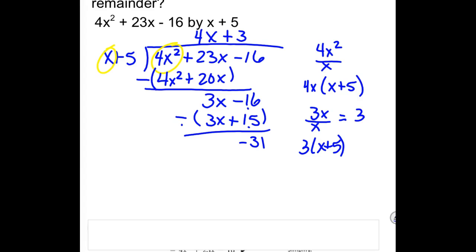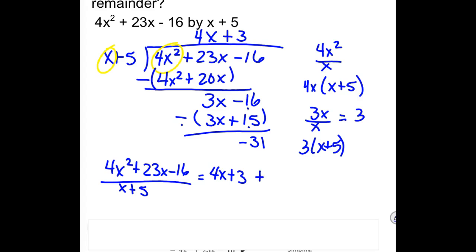Okay? So, how I could write this out. If I were told to take 4x squared plus 23x minus 16 and divide it by x plus 5, I can say my answer is 4x plus 3 plus, I have a remainder. Yes? Now when we did whole numbers, when you first learned division, you probably just wrote like r negative 31, right?